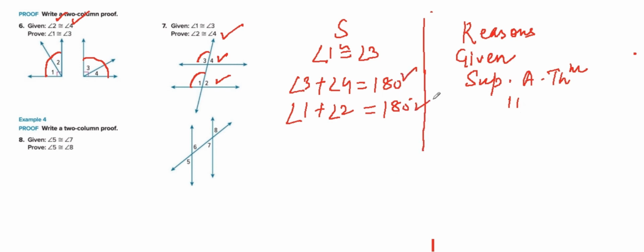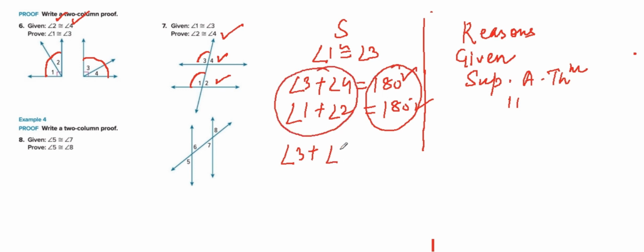Again, right side is equal, so left side will also be equal. So angle 3 plus angle 4 is equal to angle 1 plus 2. So now what are the same things? Angle 1 and 3 are equal. Angle 1 and angle 3 same terms will be cancelled out.